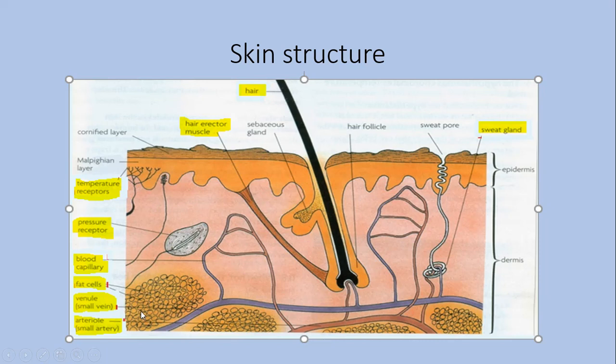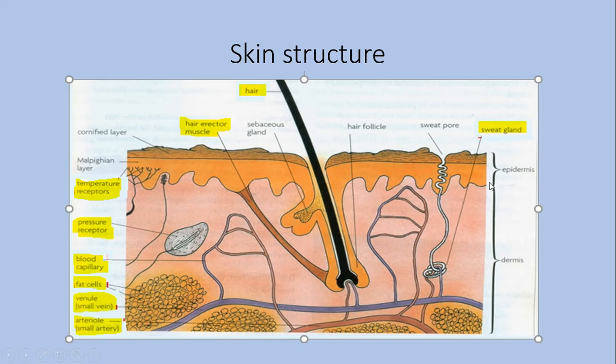And we also have fat cells that are deposited underneath the epidermis. The first layer here is called the epidermis, and we are going to see what it is made up of. The second layer is called the dermis. Epi, as we know, means upper. So it is the upper layer, while the dermis is the lower layer.